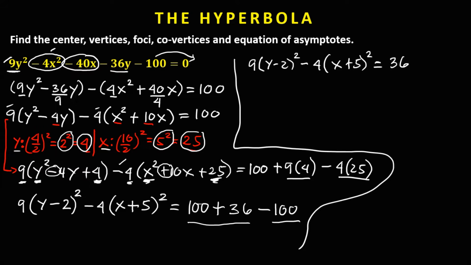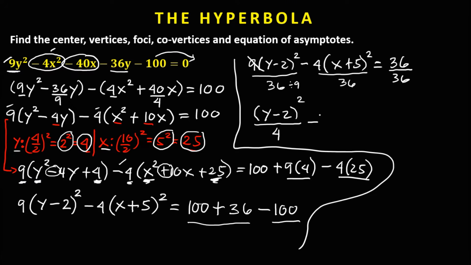So to make this equal to 1, just divide every term by this number. So divide by 36, divide by 36. So we can cancel now this 9. So we have y minus 2 quantity to the power 2, then over this 36 divided by 9, that's 4, then minus, so cancel now this 4.